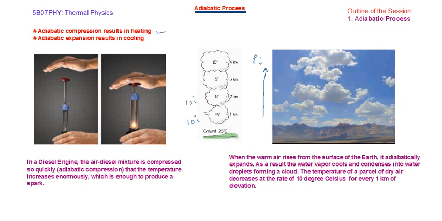So it has now reached 5 degrees Celsius, and again at 3 kilometers it has gone below 0 degrees Celsius to some minus 5 degrees Celsius.